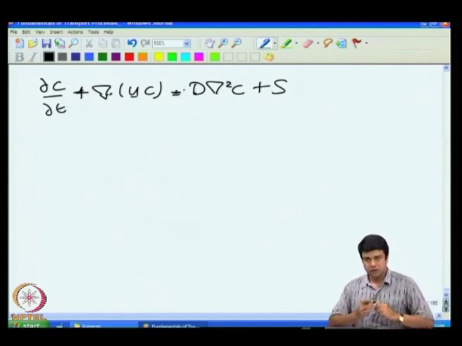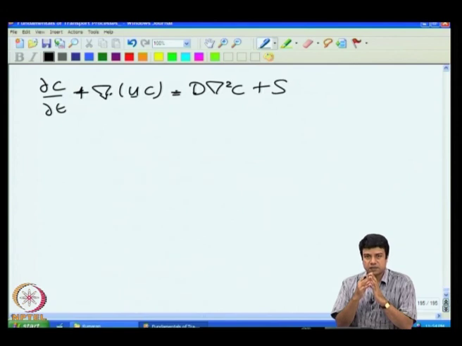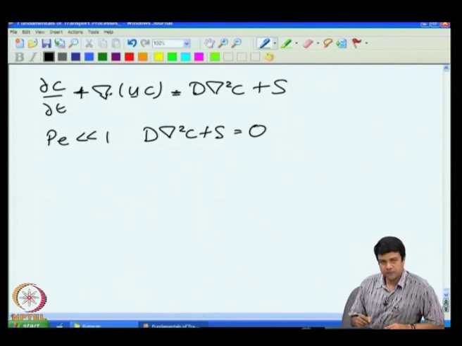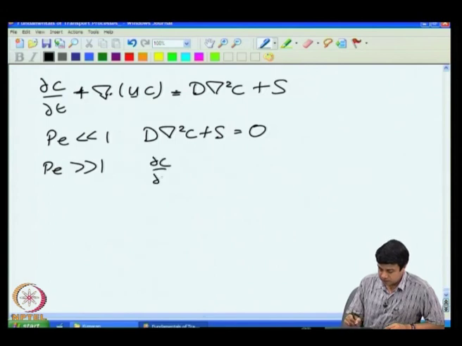Okay. So, therefore, if diffusion is large compared to convection, when the Peclet number is small compared to 1, you would expect D del square c plus any sources or sinks to be equal to 0. When convection is dominant, you would expect partial c by partial t plus del dot u c is equal to 0.